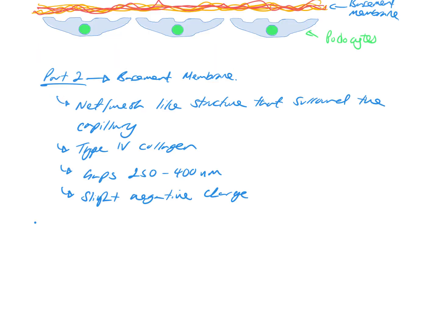So what this means is that your part 2, your basement membrane, is going to differentiate between molecules in terms of both size and charge as the second layer of filter that your molecules passing from the capillary and from the bloodstream towards the Bowman's capsule have to be able to pass through.